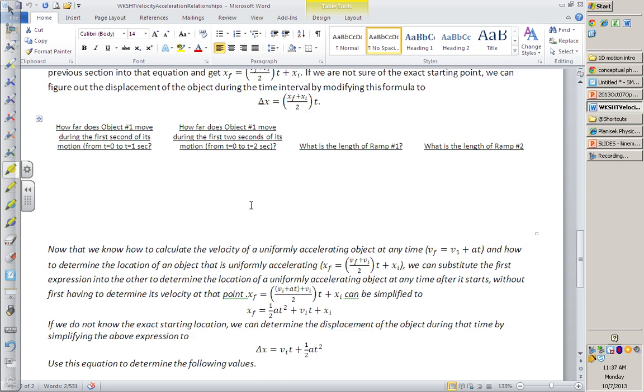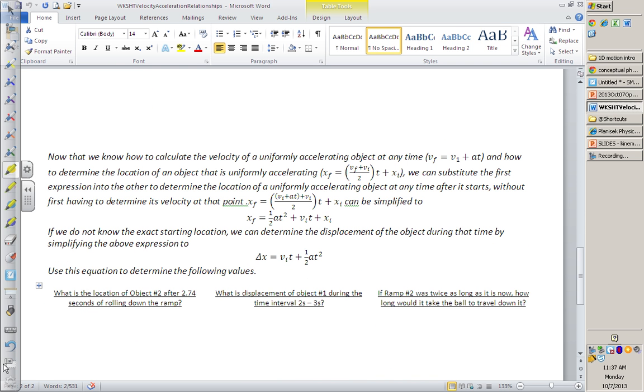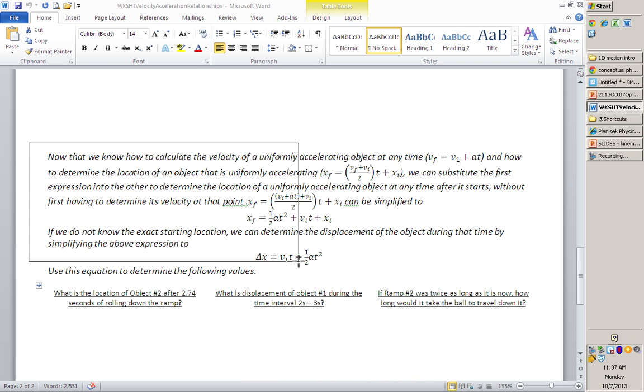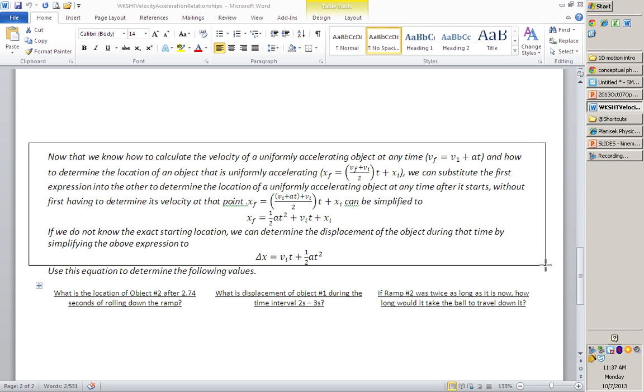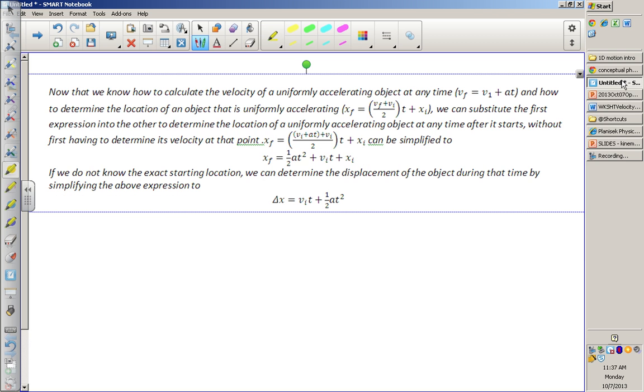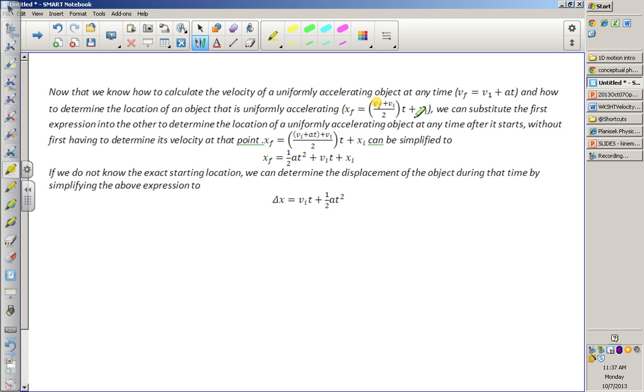All right. I will definitely not hold you responsible for how this is derived. You don't have to do this math. But in this equation, we have a V final. And in this equation, we have a V final.